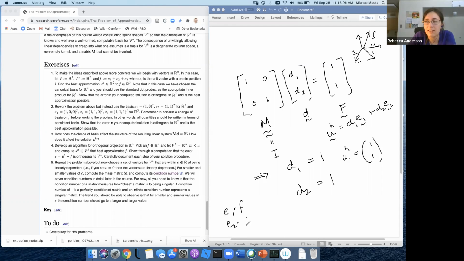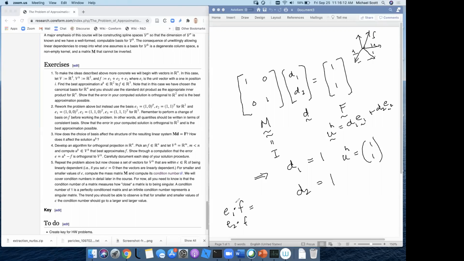I was worried that you'd have like 3 terms instead of 2. Yes, you just take the minimum dimension. I mean, the dot product is just the sum of EI, FI, right? And so if FI has 3 components and EI has 2, then this just runs over 2.